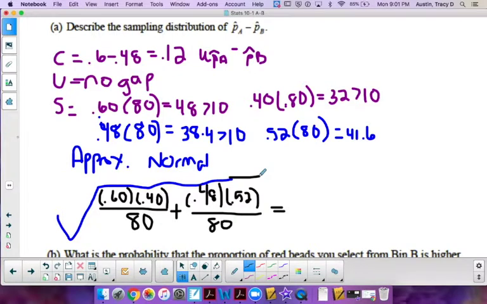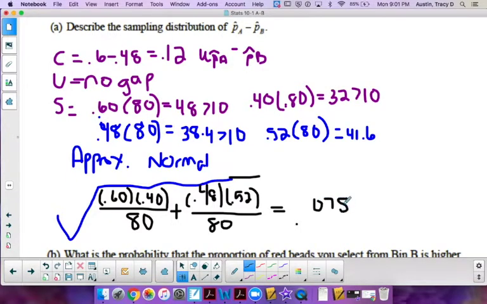Okay, so 0.6 times 0.4 all over 80 plus 0.48 times 0.52 all over 80. I'm getting 0.078.